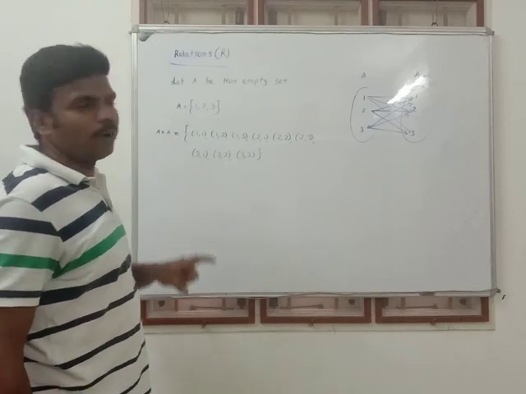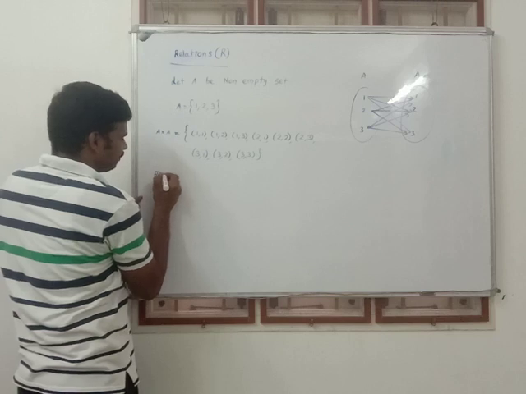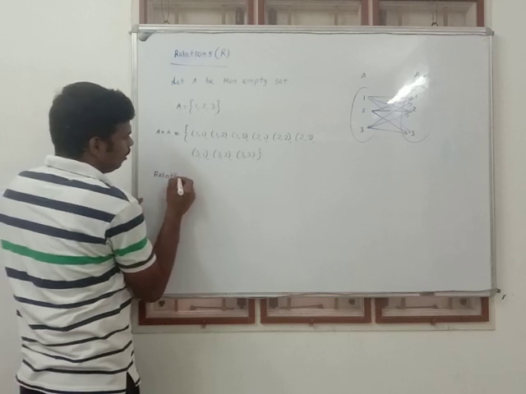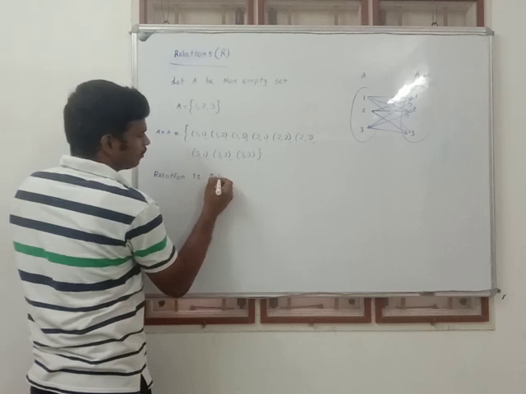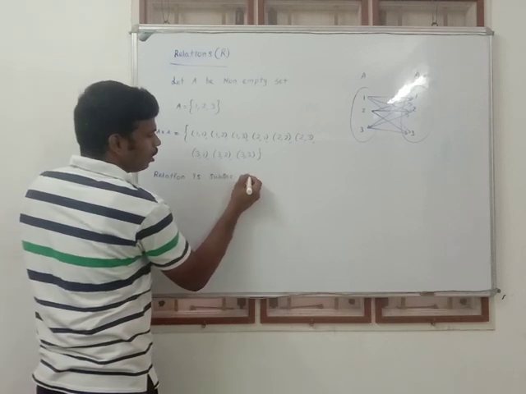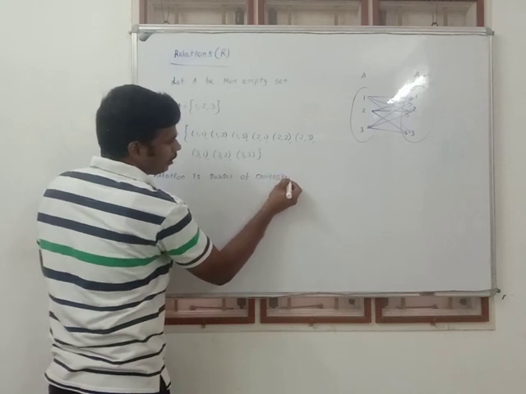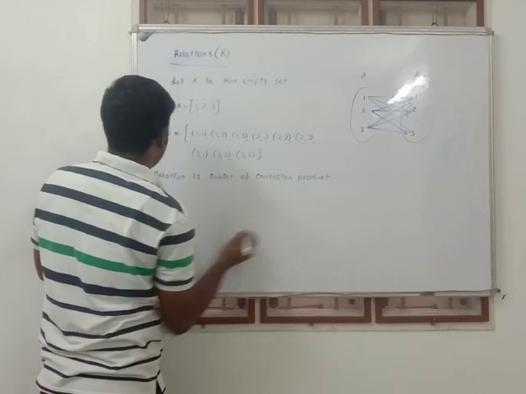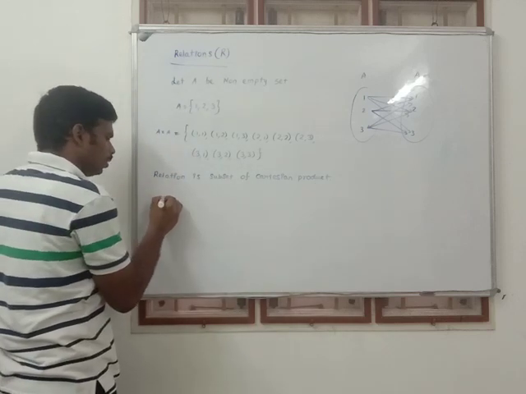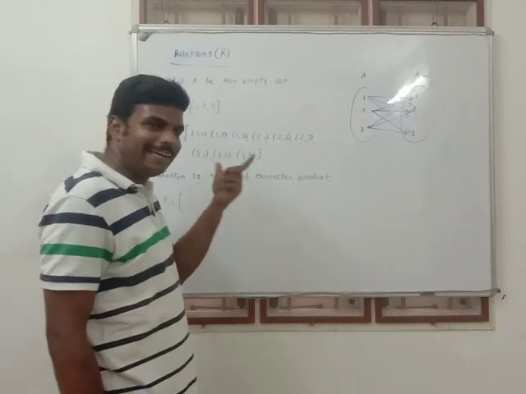In the Cartesian product, we can define the concept of relation. Relation is a subset of Cartesian product. That means I will take the first relation R1 is equal to, from the Cartesian product we can take any elements.